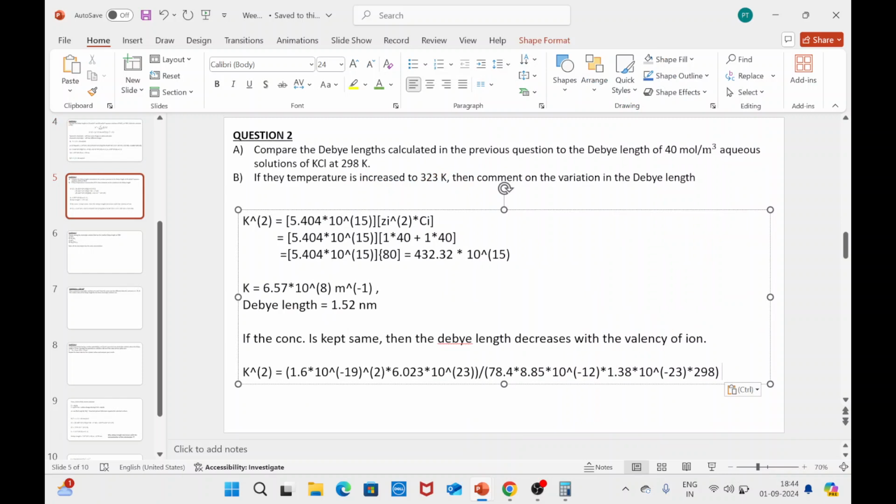So instead of 298, we are supposed to write 323, times Zi squared times Ci. Since all this is going to be the same, it is 40 plus 40.